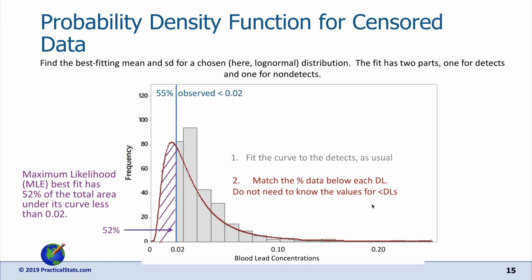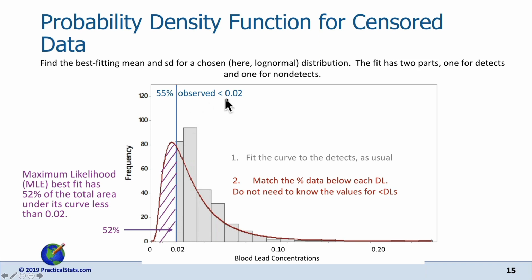And that data looks like both the detected observations, which are the gray bars here, and I've just fit a nice log normal distribution to this. It's going through kind of the middles of the tops of the gray bars. And then it's also trying to match the proportion of data here on the left side that are below the detection limit. This detection limit is 0.02.